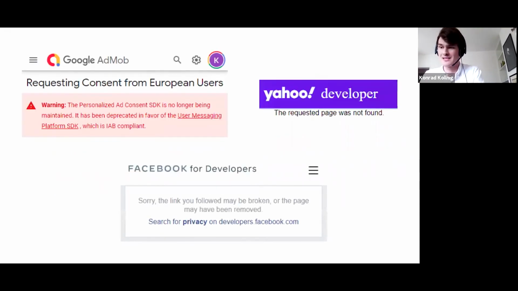And what we found is that the guidance provided by trackers is very mixed. We found lots of outdated or broken information, as you can see from the slide, with Google, Facebook, other companies. So overall, it's just not a pleasant experience of trying to implement consent to tracking in apps.